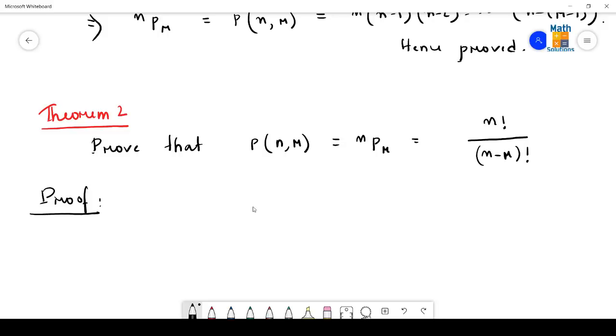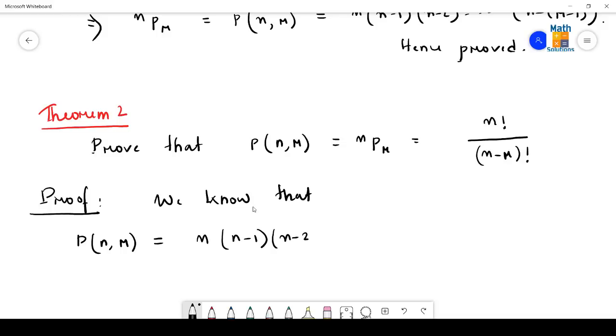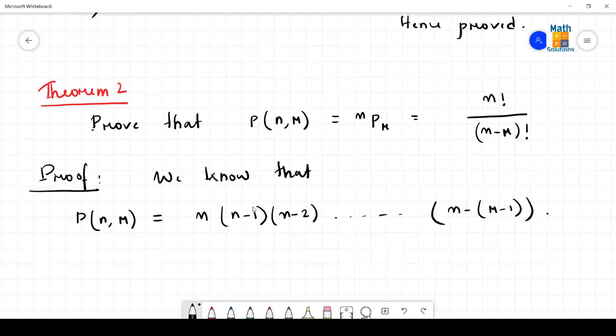Just now we have learned that PnR is equal to n into n minus 1 into n minus 2, with a continuation up to n minus r minus 1. This formula, this statement, we already got just now. So after this, what can we do?